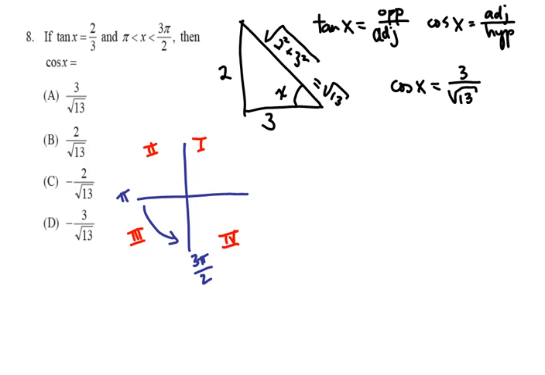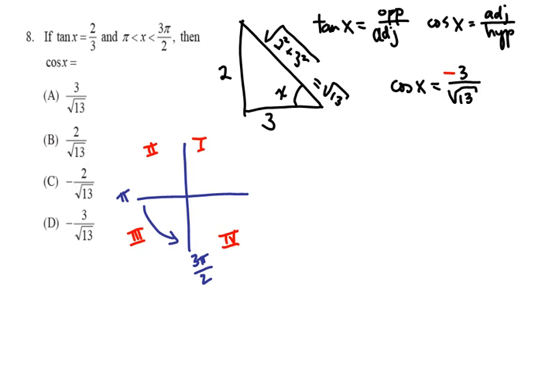And in the third quadrant, our adjacent side is going to be negative, and so we would add a negative onto the 3 there, making our final answer negative 3 over the square root of 13. So it all depends on which quadrant we're in.